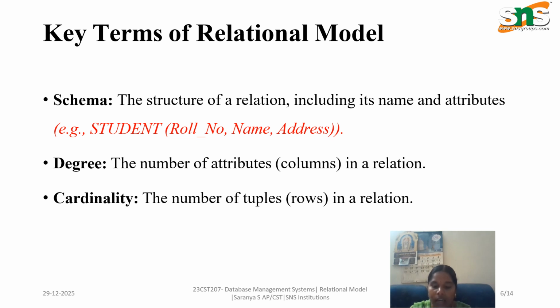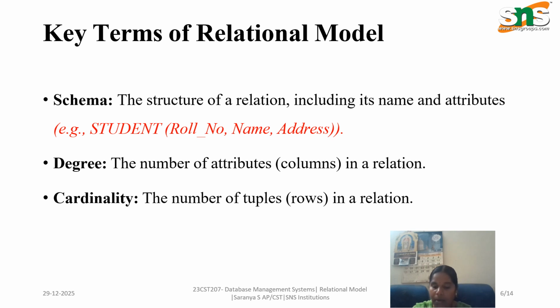A unary relationship exists when there is an association with only one entity. For example, a person is married to. Here the person is an entity, and married to is a relation. A binary relationship exists when there is an association among two entities.